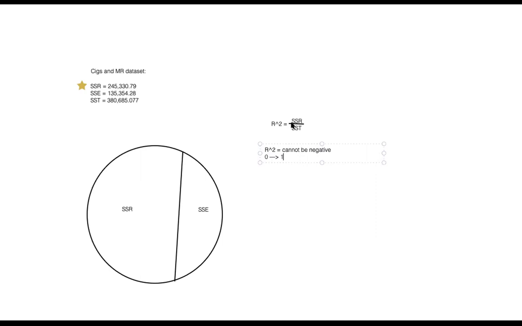Unlike Pearson's R, which could go all the way to -1, R squared cannot. It will range from 0 to 1. So now let's calculate our R squared value. And let me also add that R squared is a proportion.